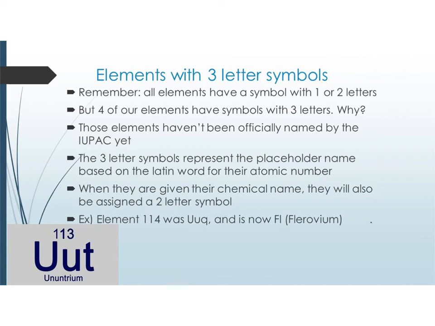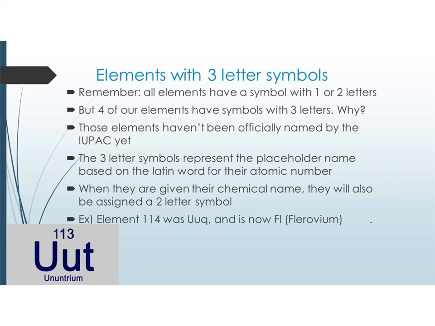So we use a placeholder, and that placeholder is the Latin word for the number of protons, the atomic number that element has. And so when the IUPAC comes by and they finally name the element, they give it a 2-letter symbol, and they give it its real name.